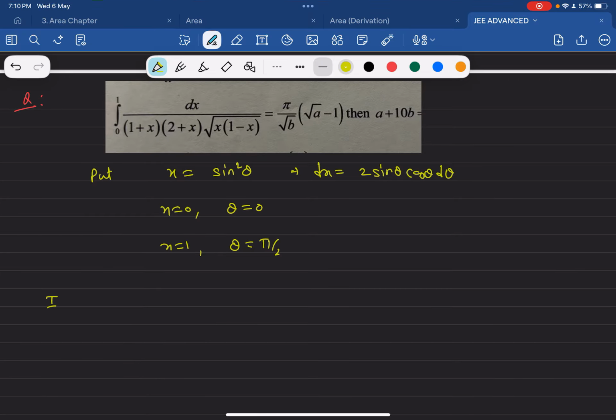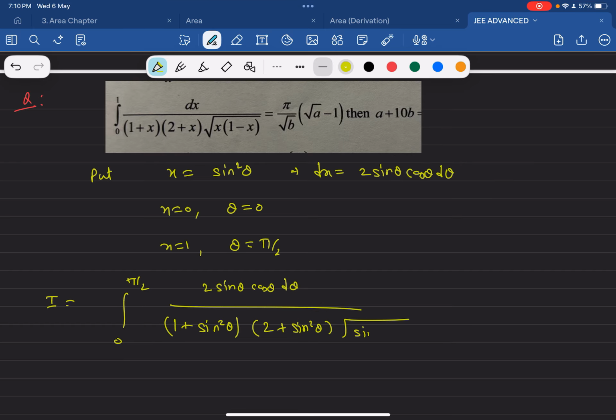The integral will become 0 to pi by 2, 2 sine theta cos theta d theta upon 1 plus sine square theta, and then 2 plus sine square theta, and then root over sine square theta into 1 minus sine square theta, which becomes cos square theta.